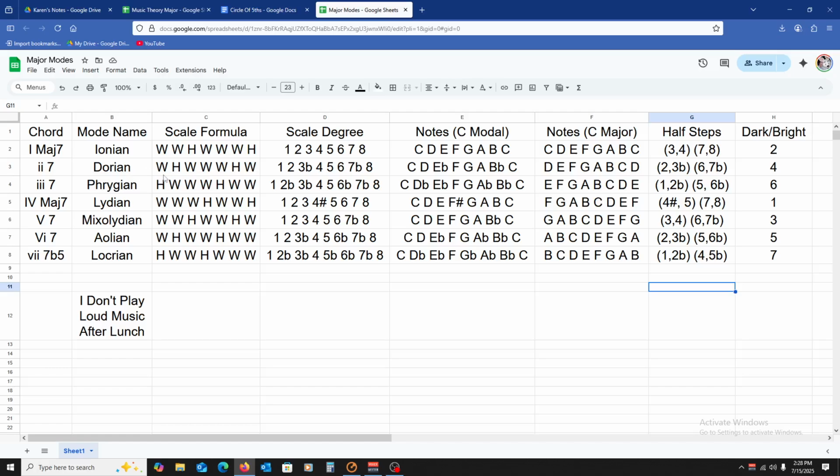Then you have your Aeolian, which is pretty sad, and that's at 5. Then you have Phrygian, which is a little darker, a little moodier than Aeolian. And then you have Locrian, which is going to be the darkest and saddest, oddest sounding scale.